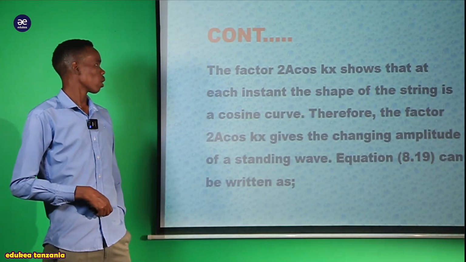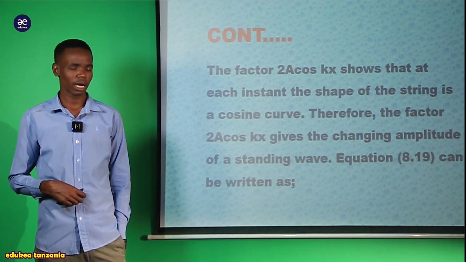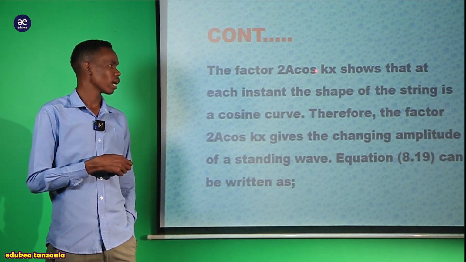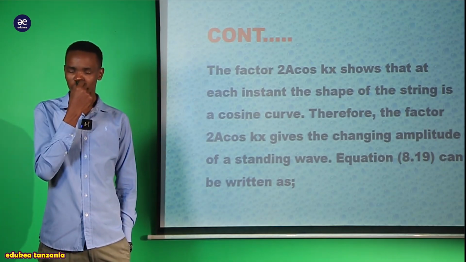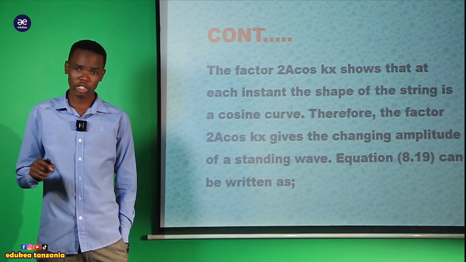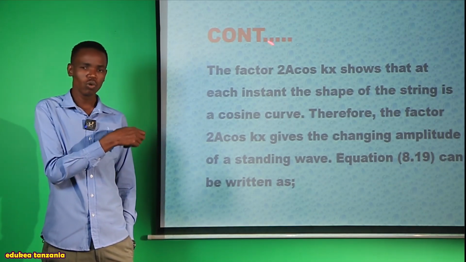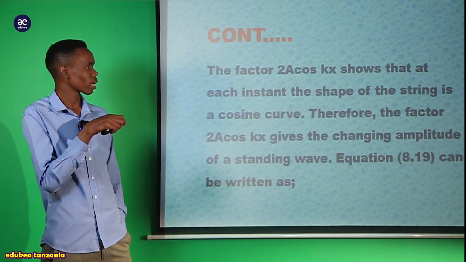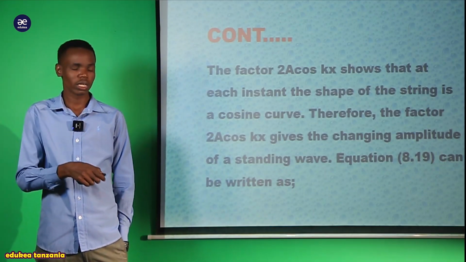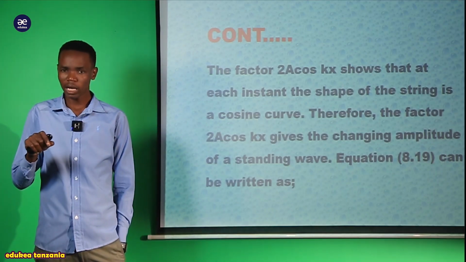So today we are going to proceed from where we ended, my lovely students. We see the factor 2a cos kx from our formula of the net displacement for the stationary wave motion, where a is the amplitude, k is the wave number, and x is the distance.